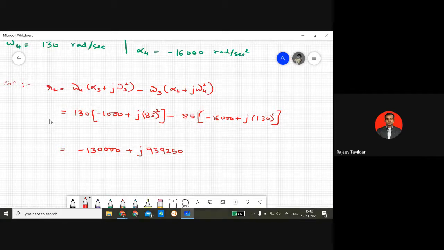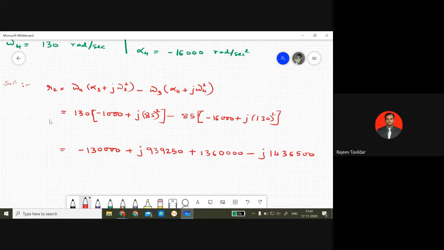Then we have minus into minus, plus 85 into 16,000. So this will be 136 and 4 zeros. Minus j into 130 square multiplied by 85. So this will be 1436500.